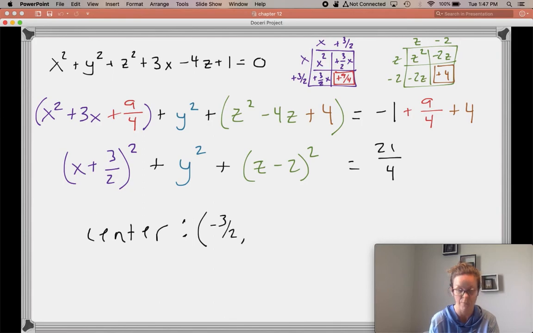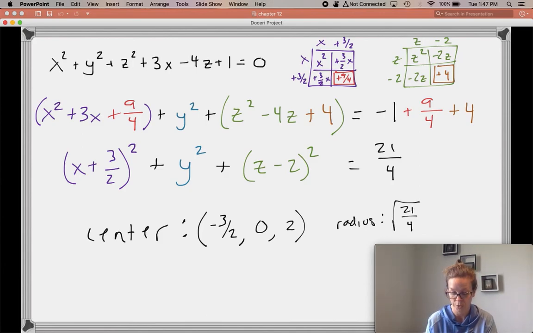So -3/2 is the x-coordinate, 0 the y-coordinate, and +2 is going to be our z-coordinate. And our radius is going to be the square root of 21/4, which we can simplify a little bit and just make a square root of 21/2, since that 4 is a perfect square.